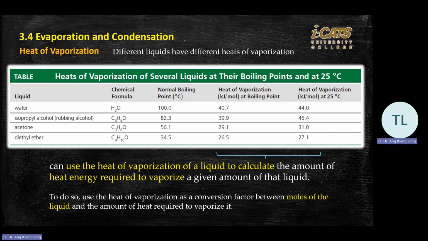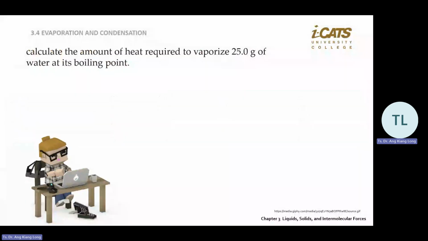Kilojoule over mole means if you're given a certain gram of substance, you need to convert that gram of substance into mole, multiply by this number, you get the amount of heat you need. Okay, right. So let's give an example, then we go for a short break.